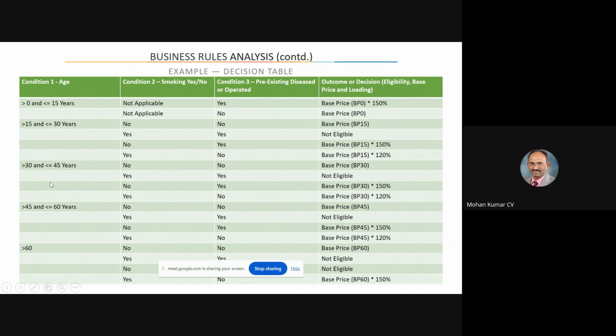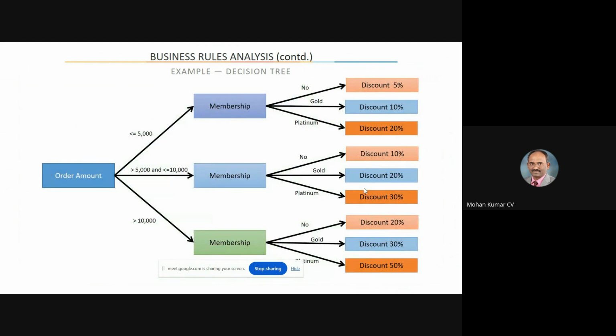If the person is 0 to less than 15 years, smoking yes or no is not applicable, and a pre-existing disease is there, then the premium will be base price plus 150%. Otherwise, if there is no pre-existing disease, the base price will be collected. Like that, under different conditions, the premium will change. Have you got it? That is a decision table.